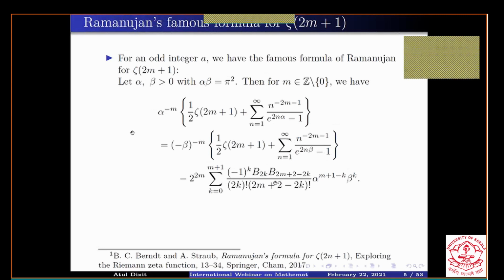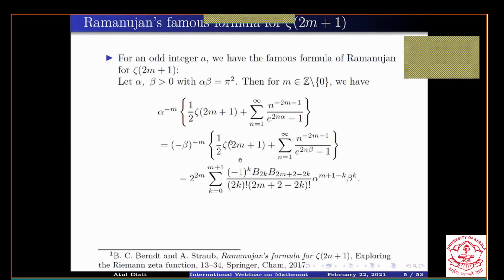So this is a beautiful formula for odd zeta values, which means you are taking the Riemann zeta function zeta of s, which is defined for real part of s greater than 1 by the absolutely and uniformly convergent series summation 1 upon n raised to power s, and you are evaluating at s equal to 2m plus 1. Okay, so that is zeta of 2m plus 1.